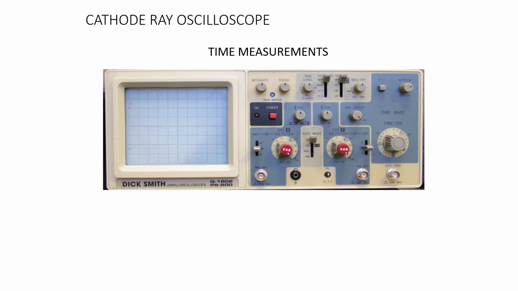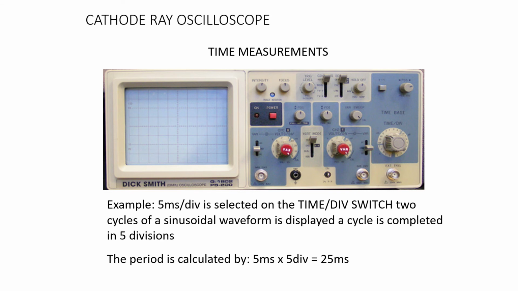Next is the time per division control. This adjusts the frequency of the sawtooth waveform, which is generated internally. When adjusted, it changes the number of cycles of the wave displayed on the screen.